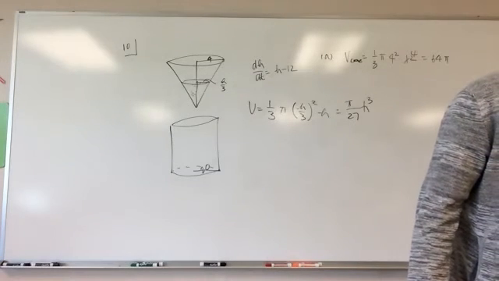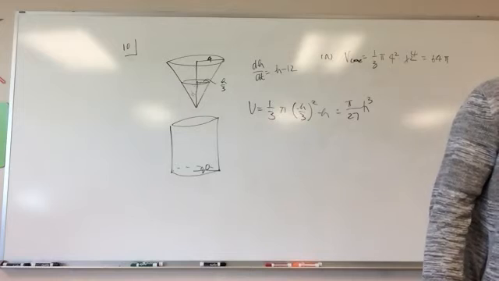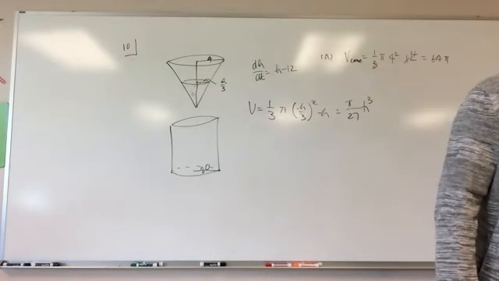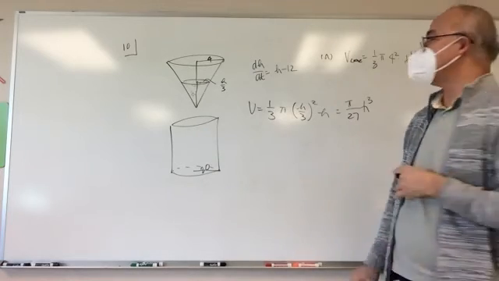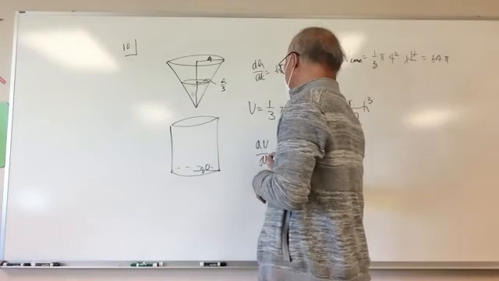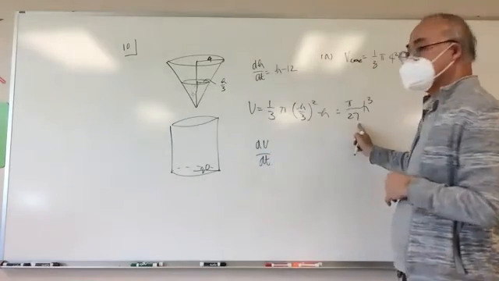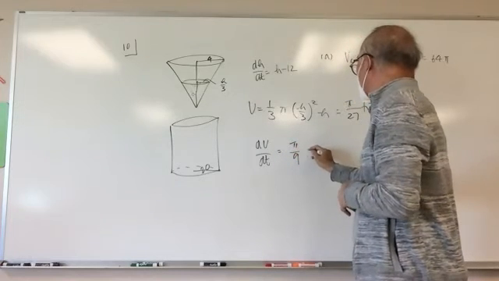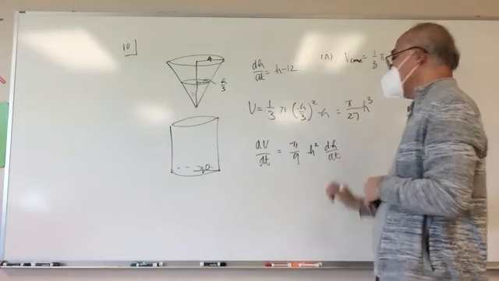And then C. At what rate is the volume of water in the conical tank changing at the instant when H is equal to 3? So they want to know the dV/dt when H is equal to 3. Well, I have the V right here, right? So it's going to go to pi over 9 H squared dH dt.